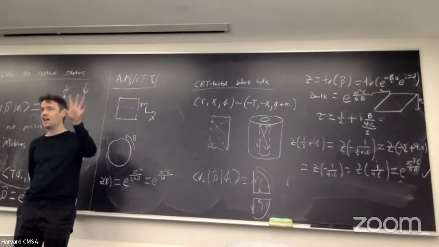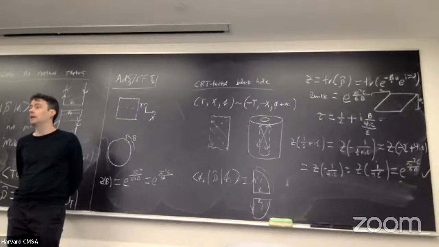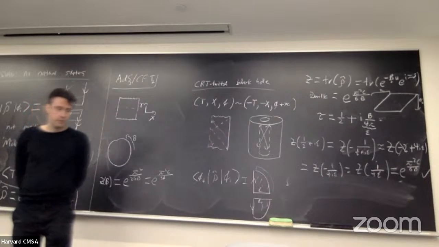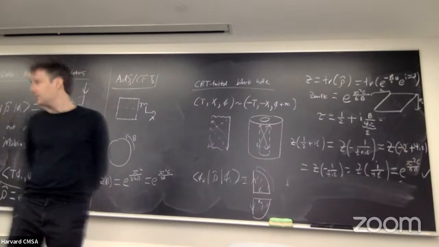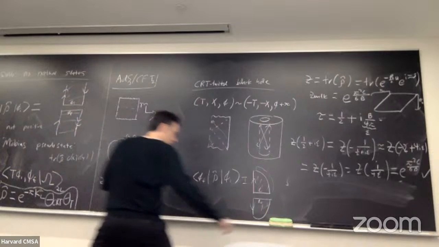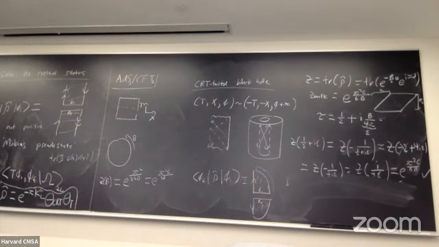You're supposed to project onto the singlet states in both the twisted and the untwisted sector. And the same is true for gauging anti-unitary symmetries like time reversal or CRT. In the case of an anti-unitary symmetry, however, this has a rather surprising consequence. And so that's what I think I'll leave you with.